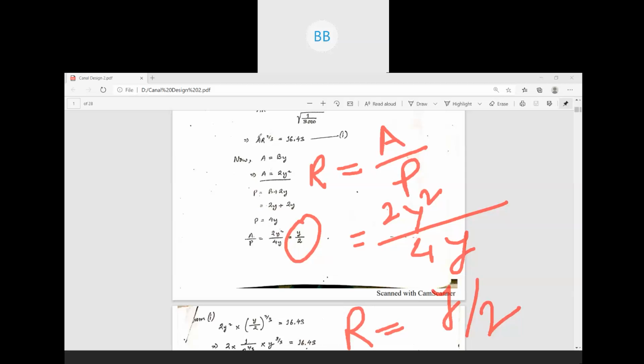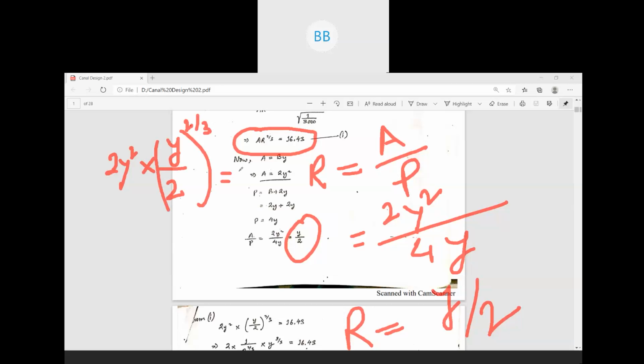Now in that equation, equation number 1, you substitute area equal to twice Y square, and in place of R, you substitute Y by 2, all to the power 2 by 3, is equal to 16.43. So now you have one equation with one unknown, so you can find out the Y value from here.